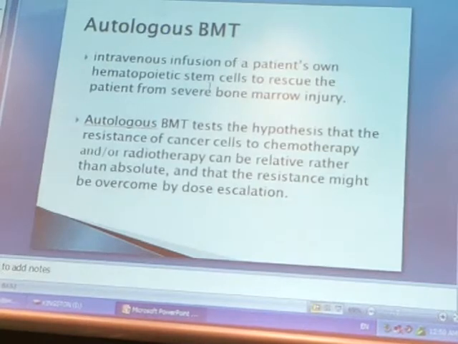This high dose, which we call myeloablative dose, is to overcome the resistance of the malignant cells. So the bone marrow will be ablated after this high dose of chemo or radiotherapy, and it will not restart again unless you have stem cells as backup and reinfuse them after giving this high dose of chemotherapy. This is the whole idea.